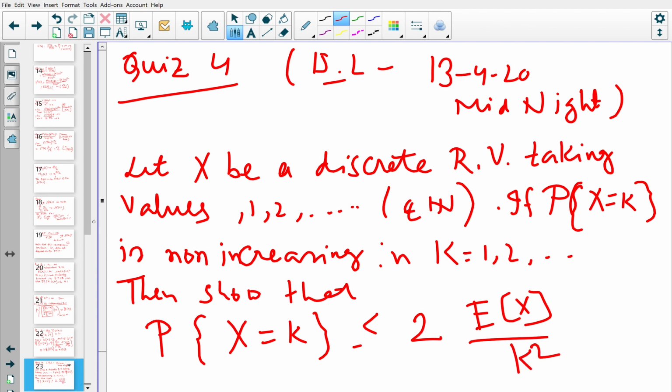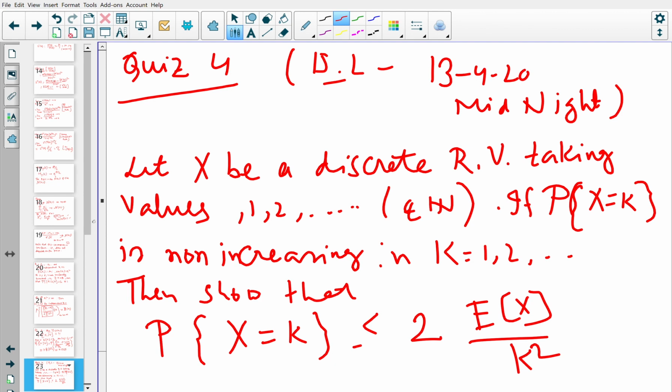Okay, clear? So the question we ask is that you have a discrete random variable taking all the values from the natural numbers, and you are also given that the probability that X equal to k is not increasing, so it is decreasing in k. So what does that mean?